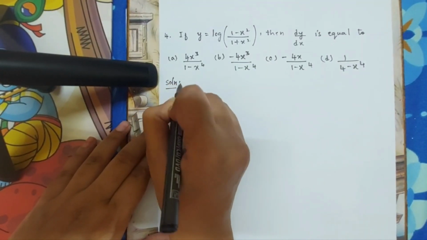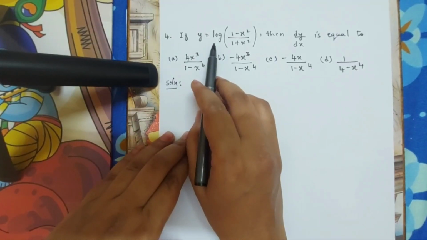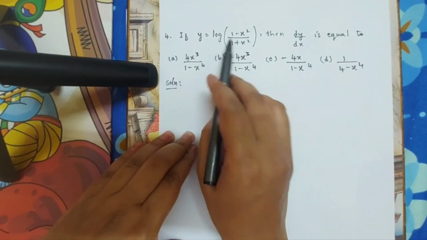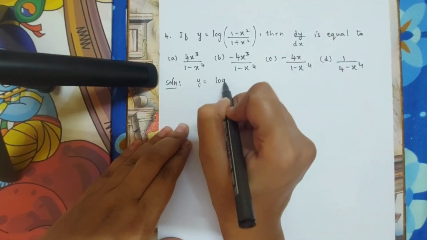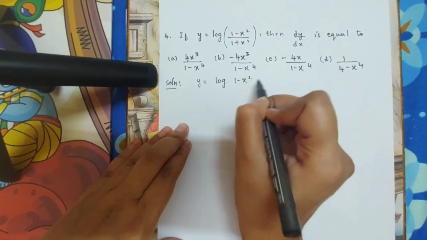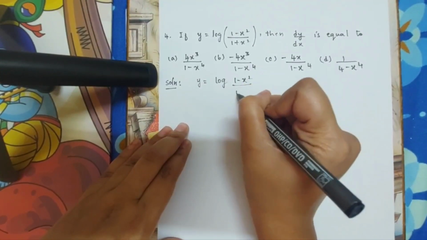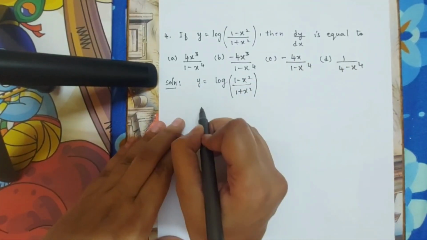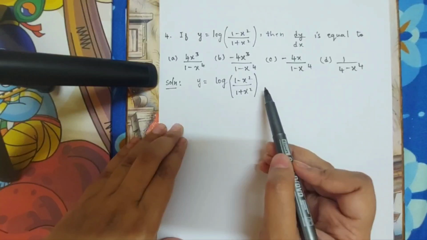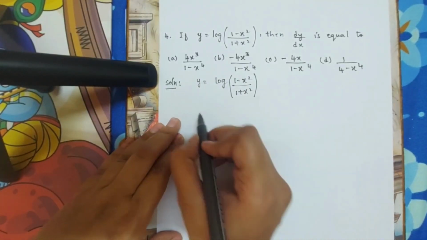We already know that the derivative of log of x is 1 by x. So let me consider y as log of (1 minus x square) divided by (1 plus x square). We will be solving this problem by applying the chain rule.